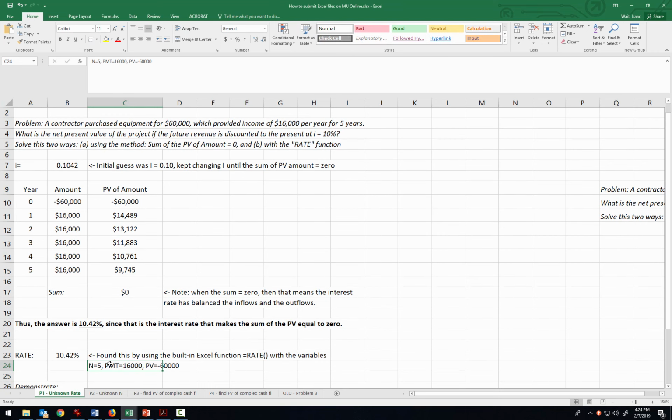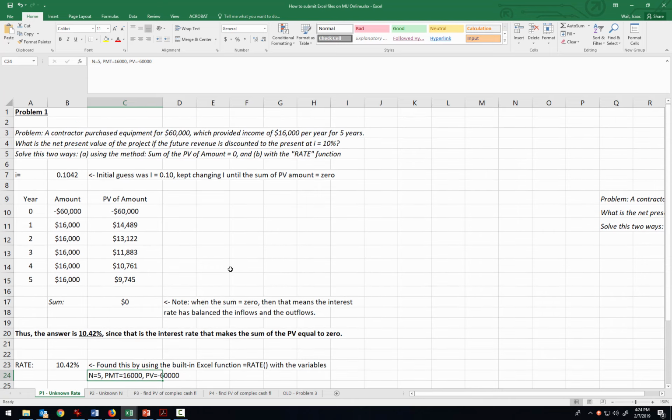Since all those numbers are hidden when it just shows the answer, you can't see what the input variables were. Having this note takes the mystery out of what you did, why, and what variables were utilized.